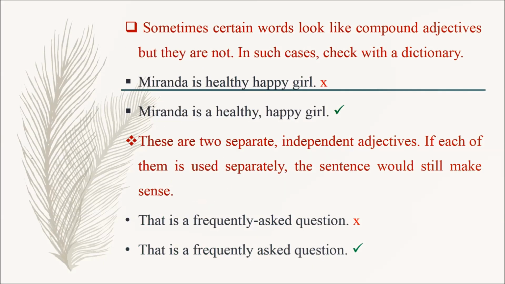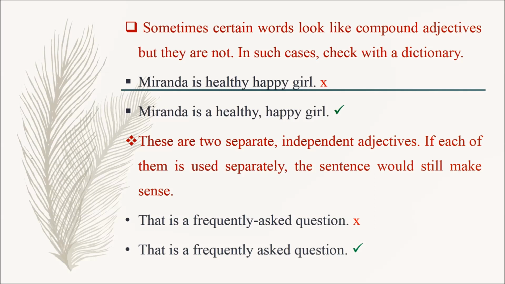Sometimes certain words look like compound adjectives, but they are not. In such cases, students, you have to check with the dictionary. Now, let's see this example sentence. Miranda is healthy, happy girl.